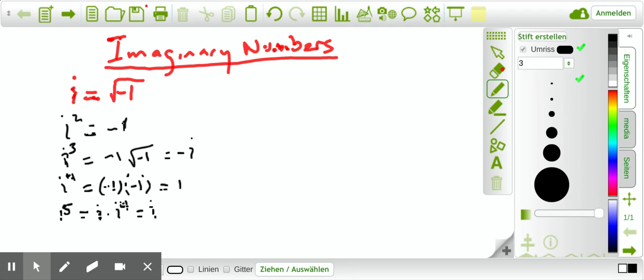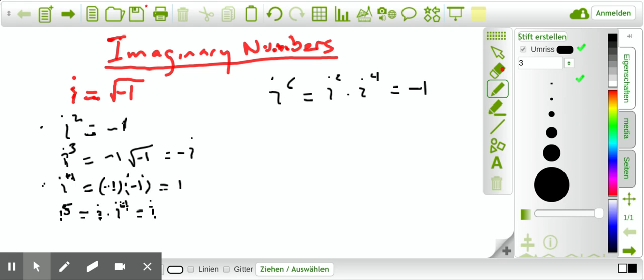And then it goes on from there, like i to the sixth will be i to the second times i to the fourth, which will be -1 times 1, or just -1.